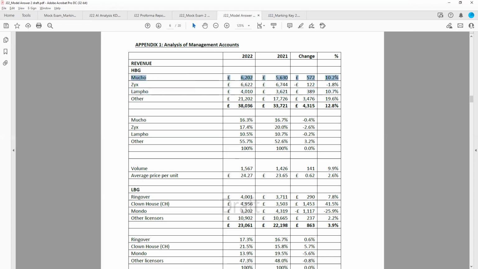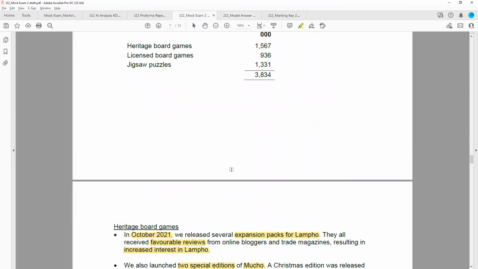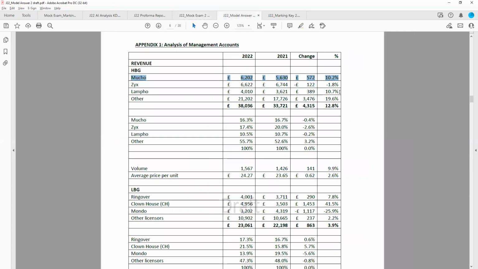I always like to focus on areas where the examiner's given me some information, and also where the number has a significant movement. Either the number's really significant or the examiner's told me something about it. If both, then I'm absolutely going to have that in my analysis.